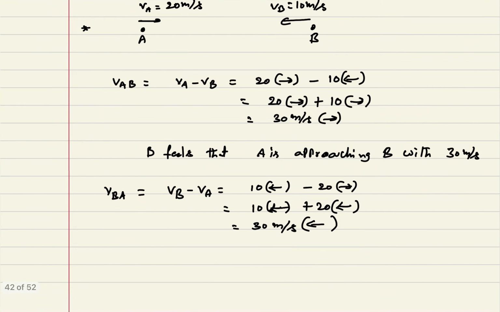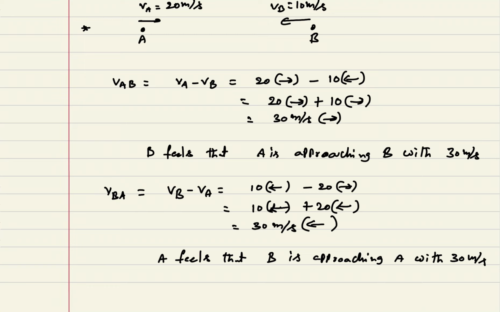It indicates the velocity of B with respect to A. So A feels that B is approaching A with 30 meter per second. Approaching means A is on the left side, no? So B is approaching towards the left side. That's why we got 30 meter per second left side. I hope it is clear for you.